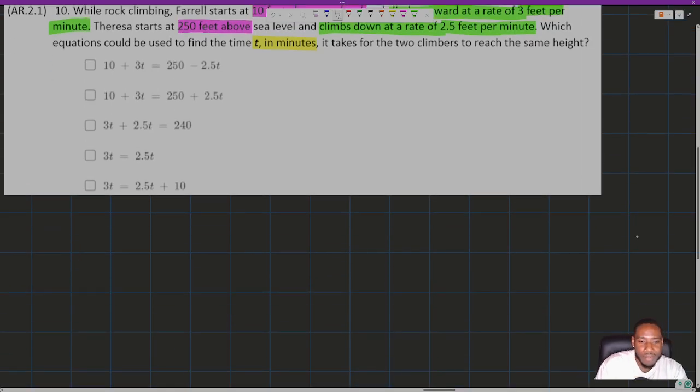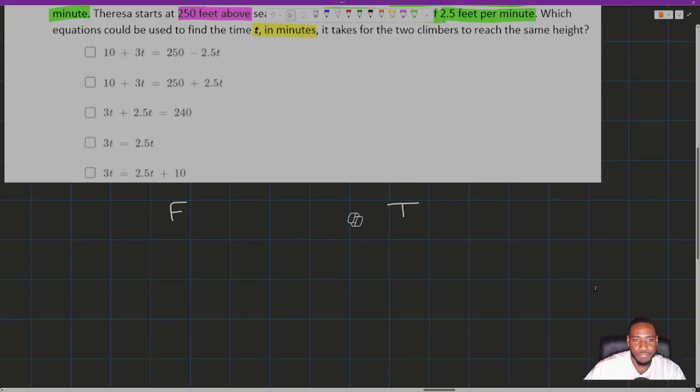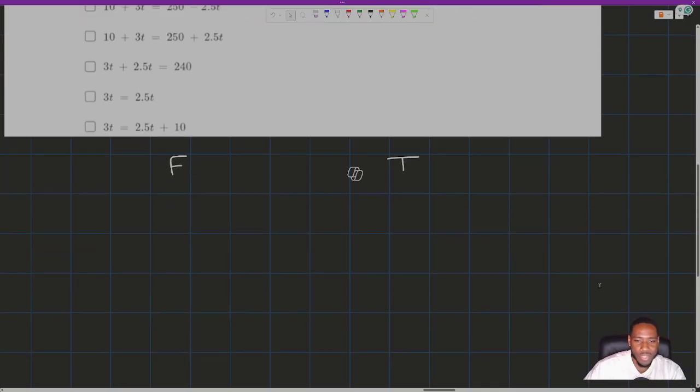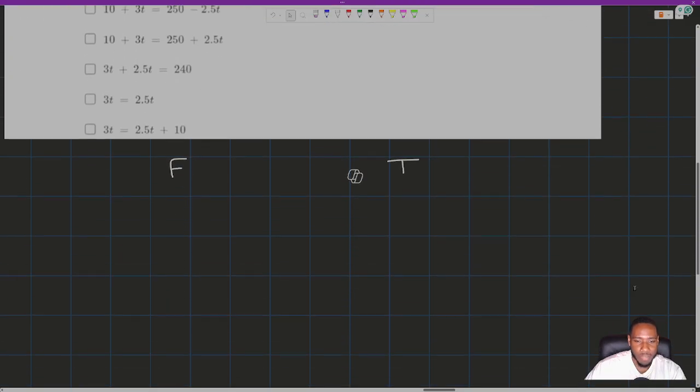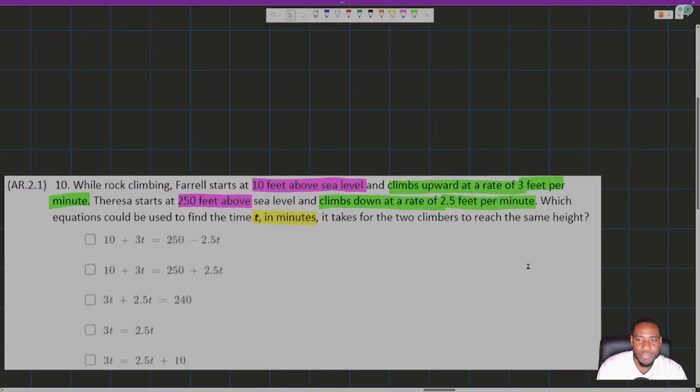And so one side of this model is going to have what Farrell's got going on. And the other side is going to be about Teresa. Farrell is starting from 10 feet above sea level, so positive 10. And then he's going to go upward at 3 feet per minute.